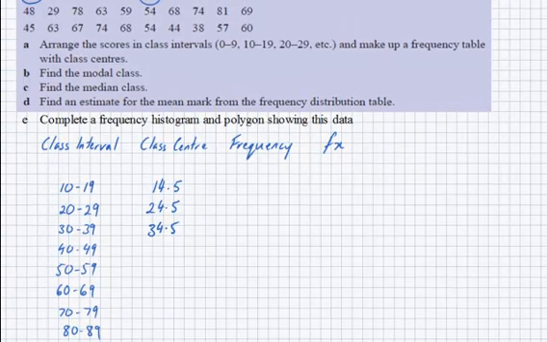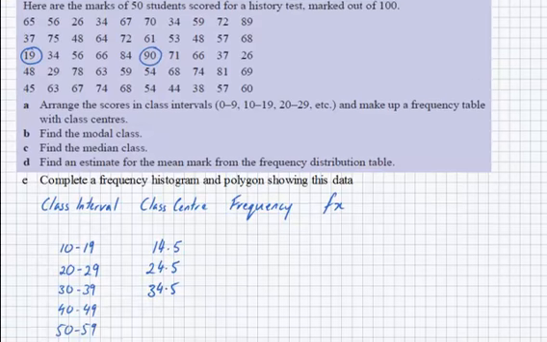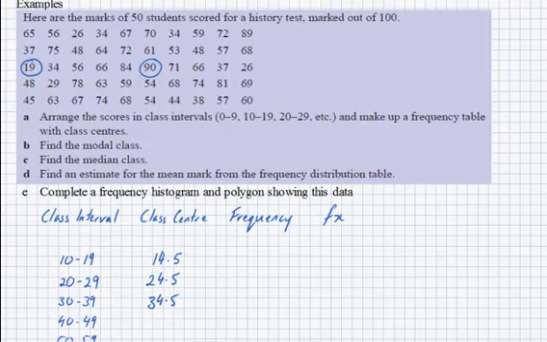The frequency then is the number in each group. So if I look back up at my set of scores, I think there was only one number in the teens, which was the 19. So my frequency for 10 to 19 is 1. Then I'm looking for my values between and including 20 to 29. So have a quick flick through and mark them off as you go so that you don't leave any numbers out.